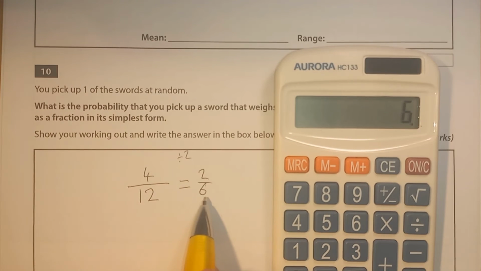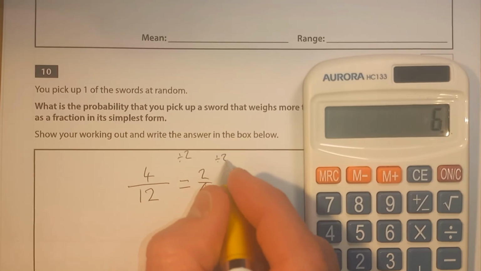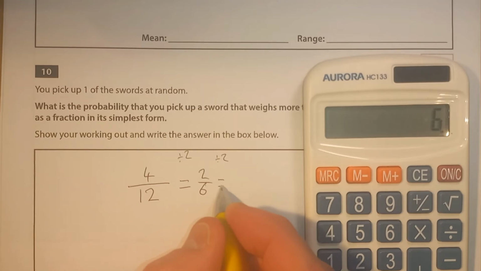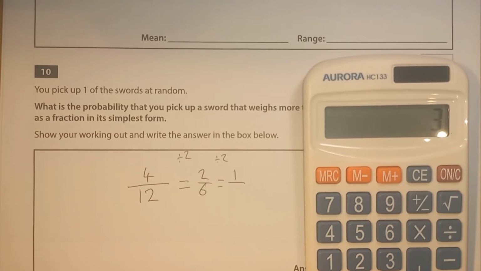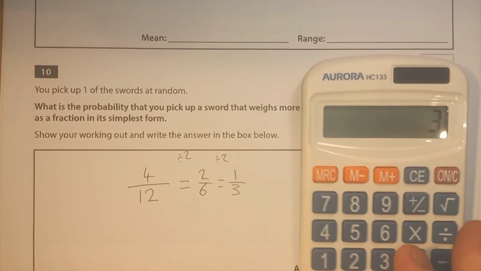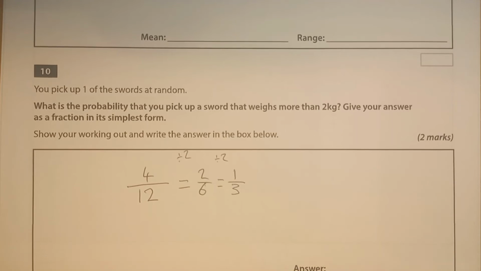But they can go further because they're still even numbers, so we can divide by 2 again. 2 divided by 2 is 1, and 6 divided by 2 is 3. And certainly now we've got 1 in there, we can't simplify that any further.